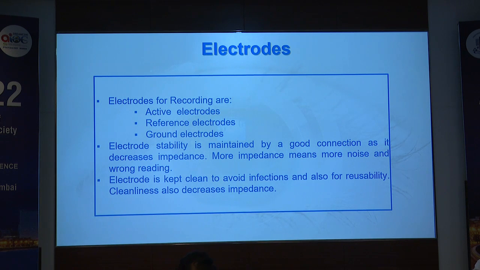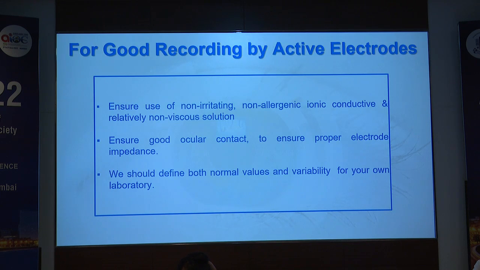The electrode stability is maintained by a good connection, as it decreases the impedance. More impedance means more noise, and that leads to a wrong reading. Remember, electrodes have to be kept very clean to avoid infection, and also for their reusability, because some electrodes are very costly. And also, cleanliness also decreases the impedance.